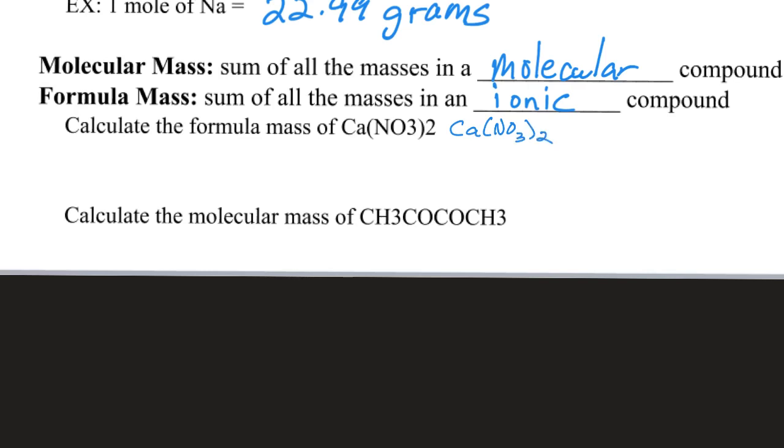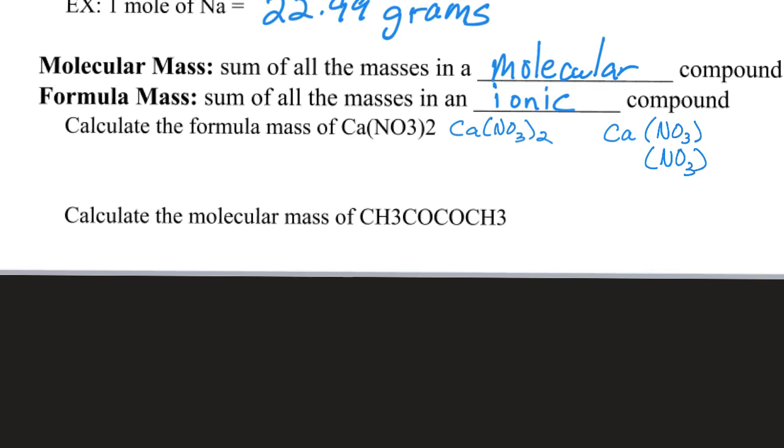Now, another way to write this, and what this formula is telling us, is that we have a calcium atom, and we have 2 units of this NO3. There's one, and there's one. I'm going to back that up so I can make it a little neater.